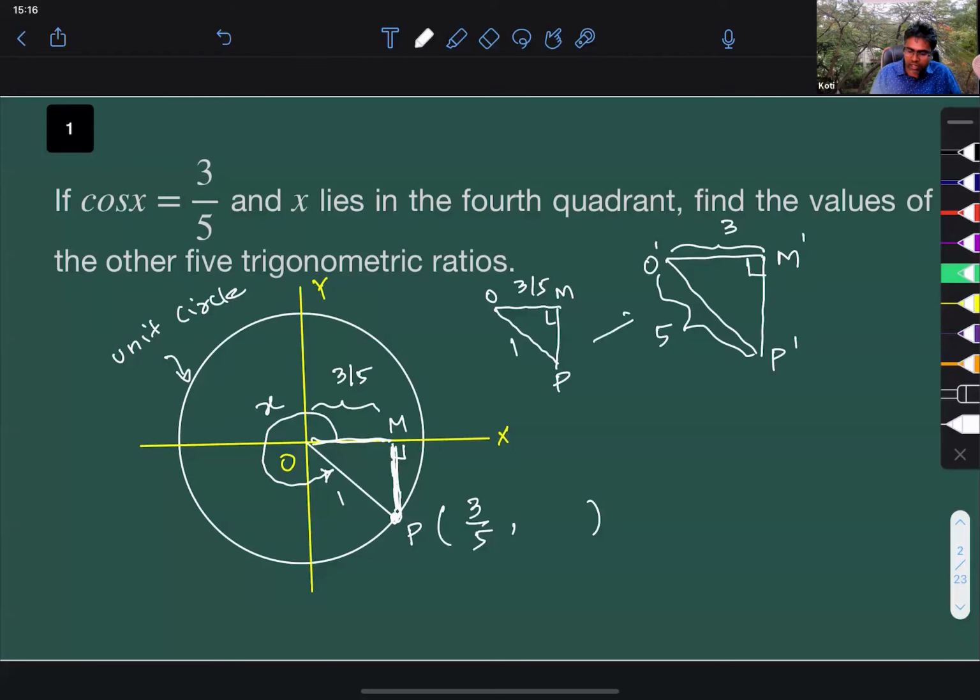I will get this triangle. Can I do that? Yeah, sir. Okay, so then if this side is proportional to 3, then this will be proportional to 5. Are you getting? Then what do you think M prime P prime will be proportional to, if this is a right angle triangle?